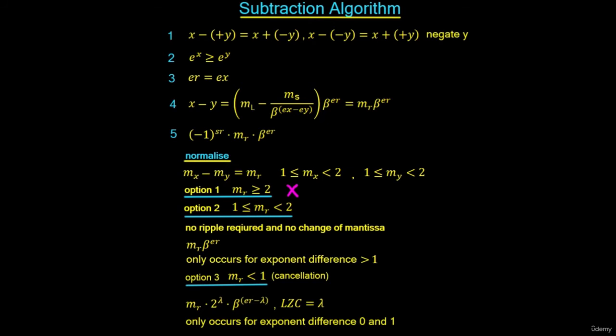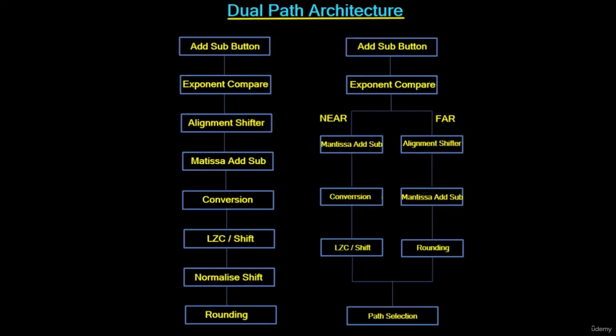So this part of the architecture here only is used for cancellation. So in effect, this gets used for 1/4 of the possible values.